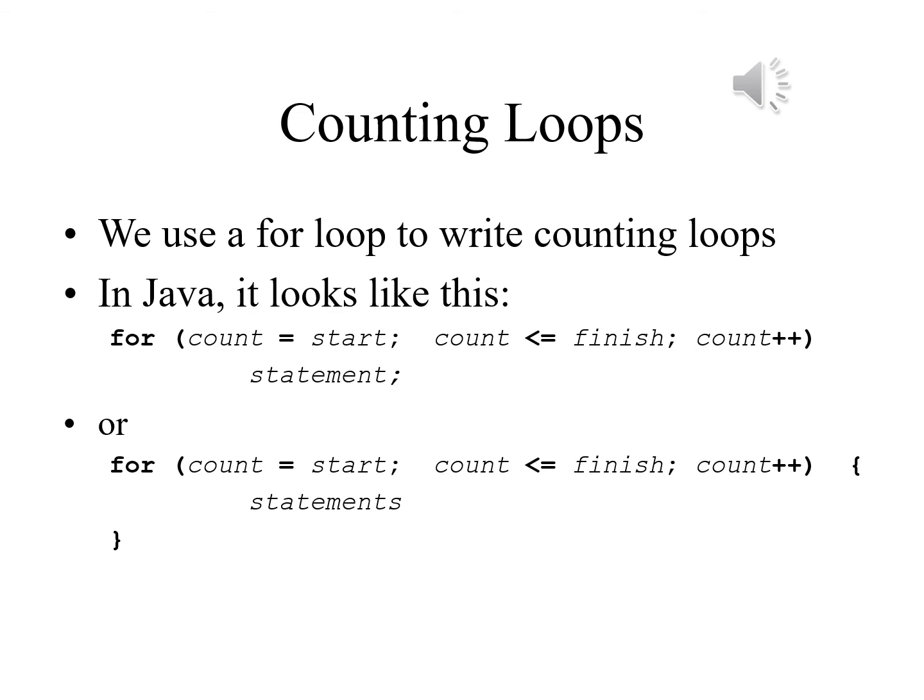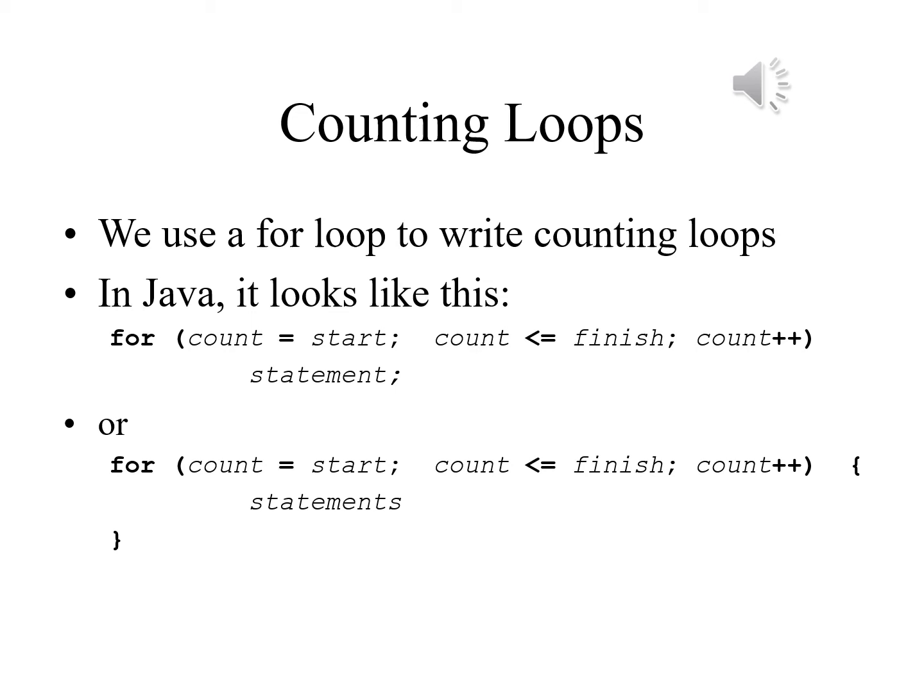We are going to make use of a for loop, and this is how we will write counting loops. In Java, it will look like this: for, and inside parentheses, count = start; count <= finish; count++, and then of course the close parenthesis, and then we'll have a statement ending in a semicolon.